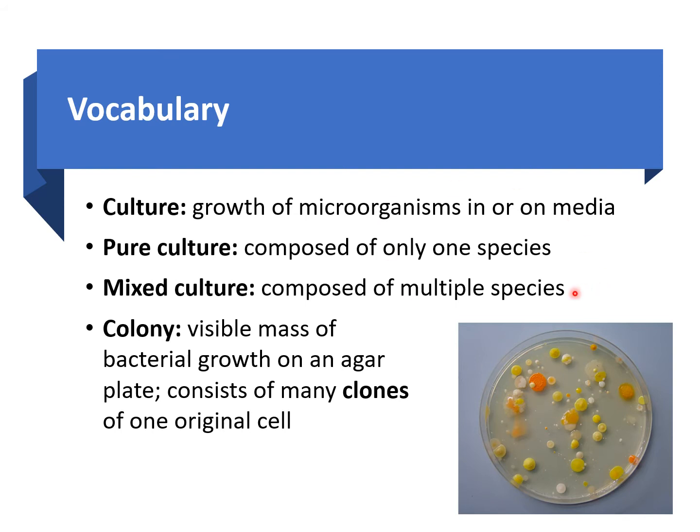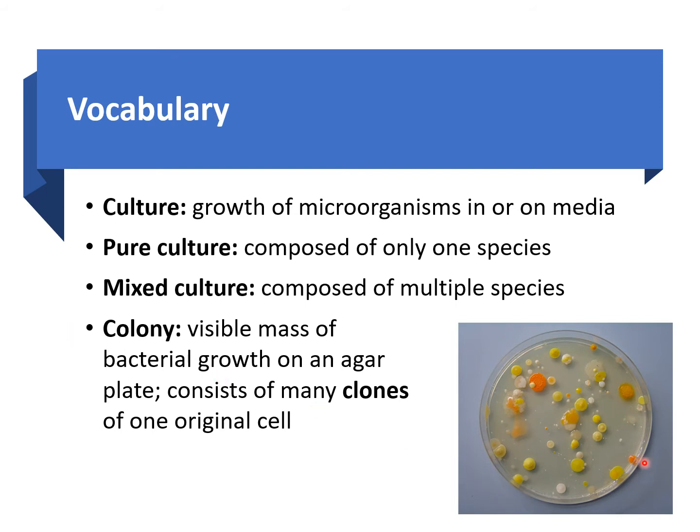Now, if you take a look at this agar plate right here, you can see those colored circles. What do we call those masses that you are seeing on the plate? We refer to them as colonies.